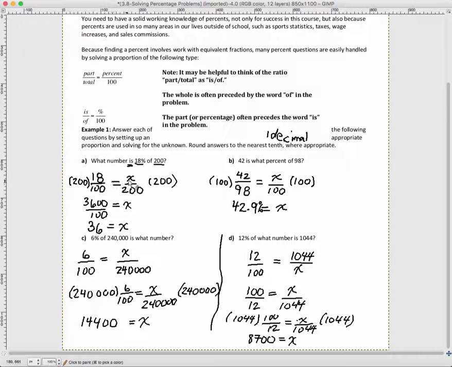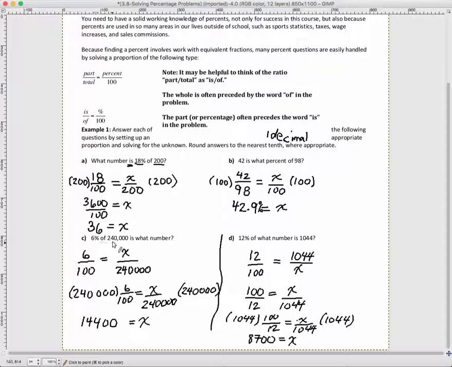Okay, so we've looked at 4 different problems here. I was looking for what number was equivalent to 18% of something else, so of the 200. I looked at 42 is what percent of 98, so it's a different type of question, but notice how the approach was similar. Set up a percentage, and I'm looking for a part here. Or I could look at it as 6% of some number is what number.